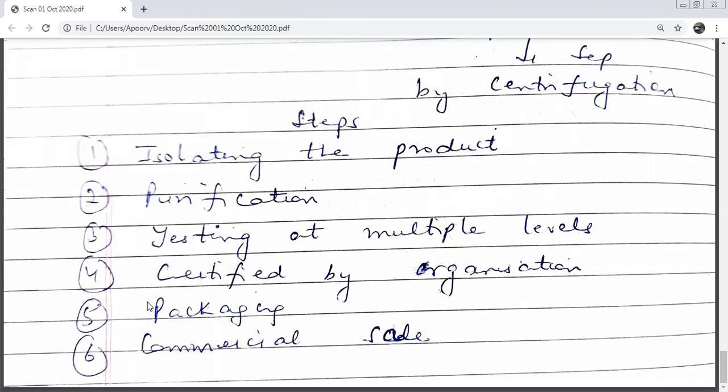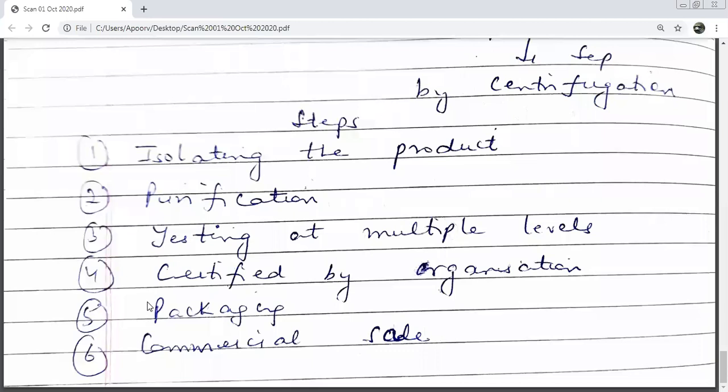Listen carefully. After completion of the phase, the product has to be subjected through a series of processes before it is ready for marketing. These processes are first separation, then purification. All these processes together, controlling, testing, marketing, quality control, come under these 6 steps. They are known as downstream processing.